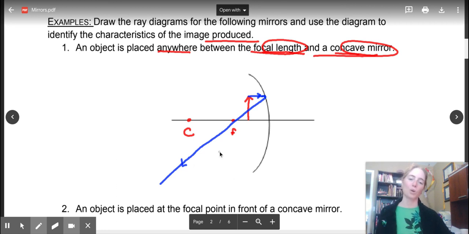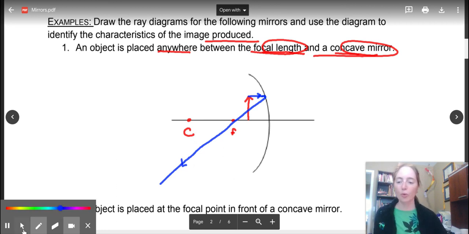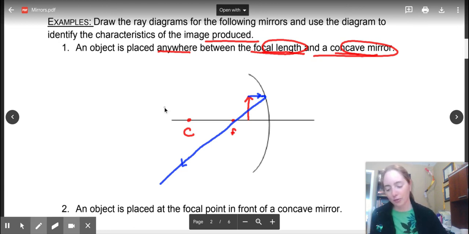Okay. So now I'm going to grab a different color. Let's go pink to draw my next line here. And now for this one, I'm going to draw a ray of light that is going to go through my center of curvature. Okay, so I'm going to have a ray of light that's going to go straight backwards.